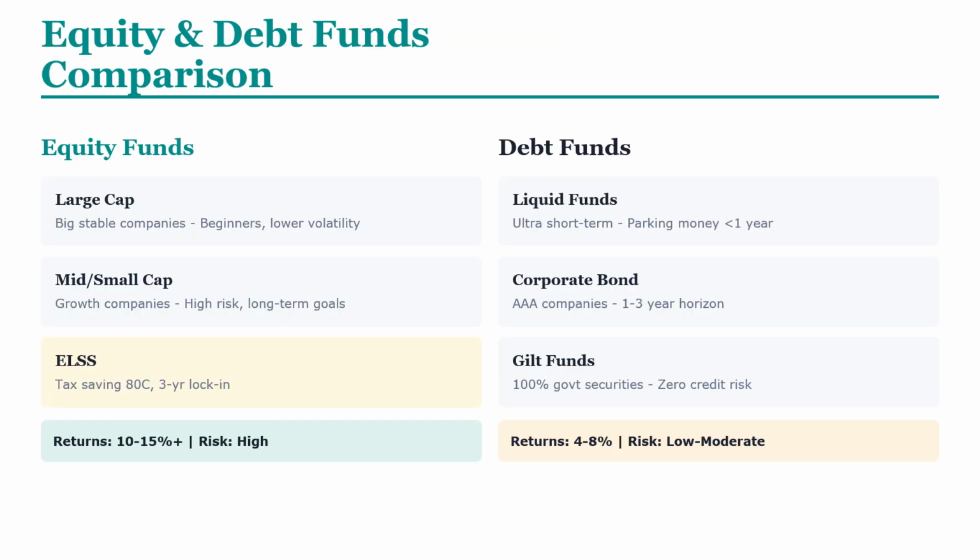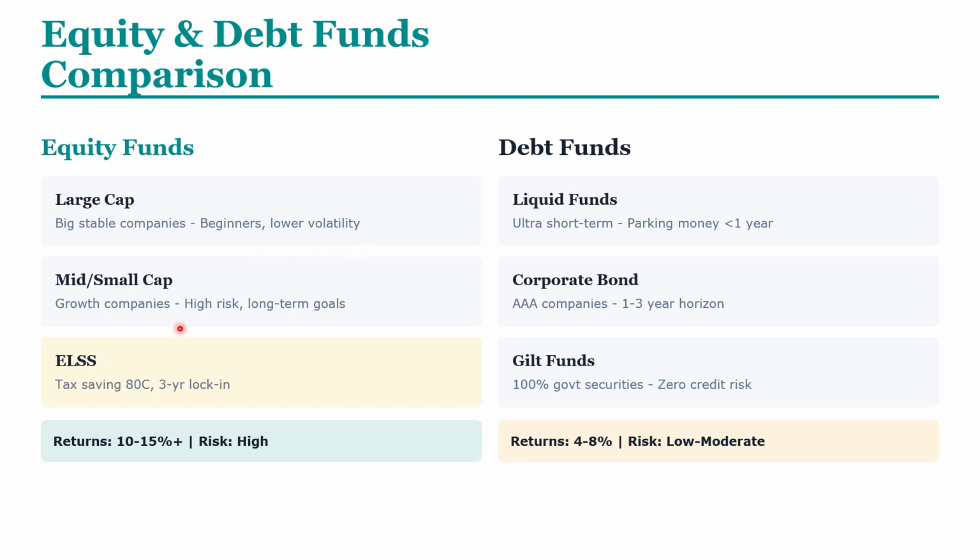First, let's see what equity and debt funds are. Large cap, mid cap, small cap, ELSS are various types of equity funds. Here, in large cap, the amount is invested in big stable companies. This is beginner friendly as there is low volatility.